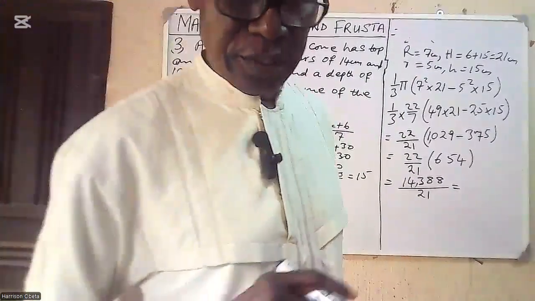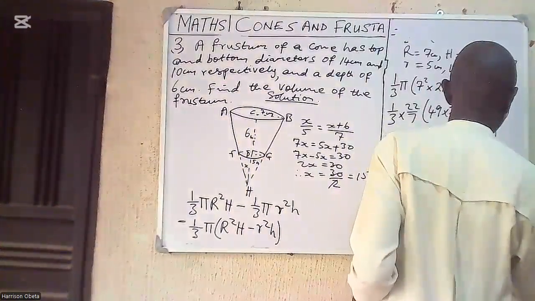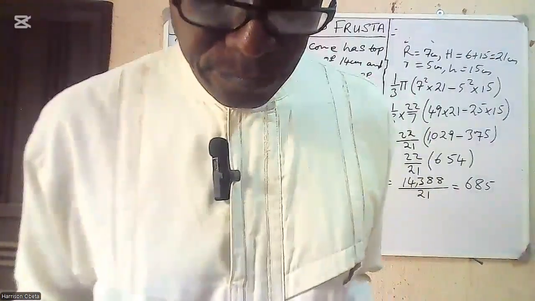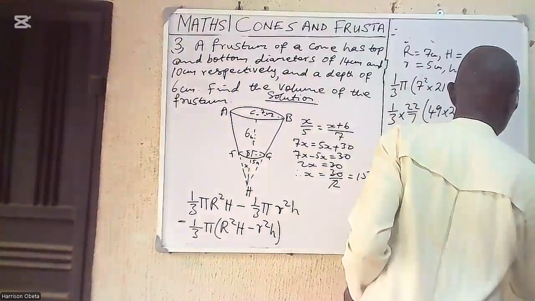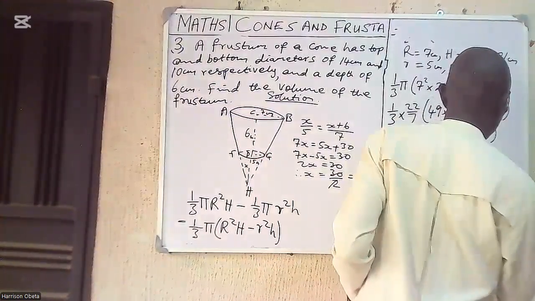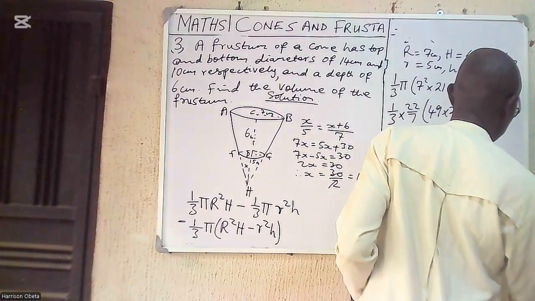And that will give us 685.143, approximately equal to 685.14 cm3.